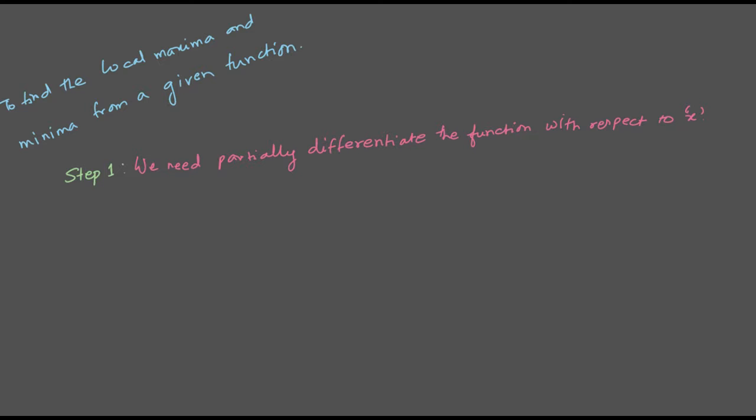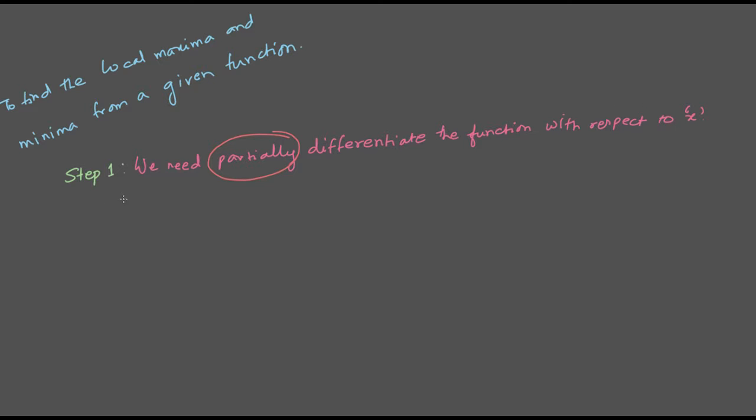Now, what is partially? Partially actually means that we will only differentiate those variables or those constants which are attached or which have a variable x or any other variable which is a part of the objective function. Okay, so you get the idea.